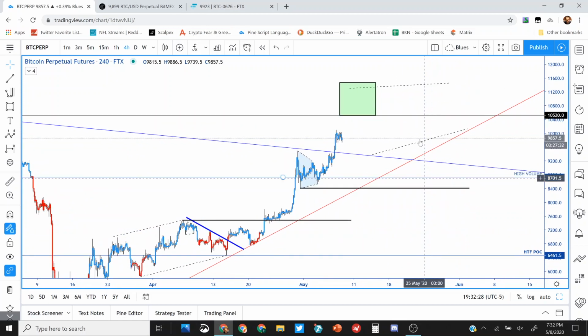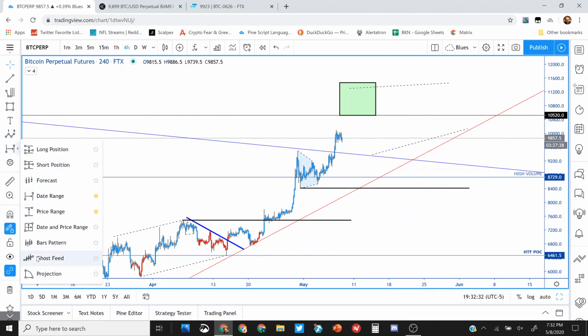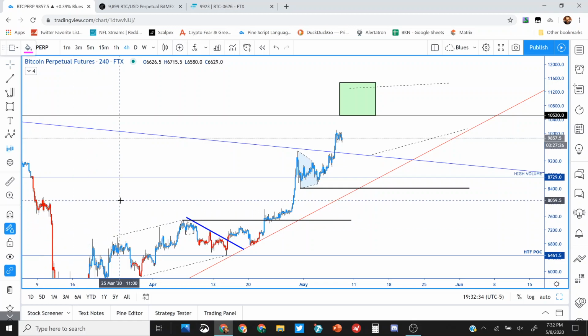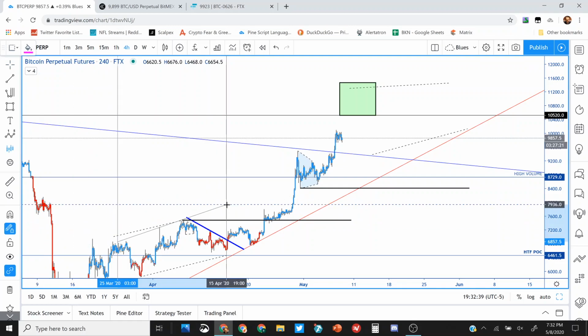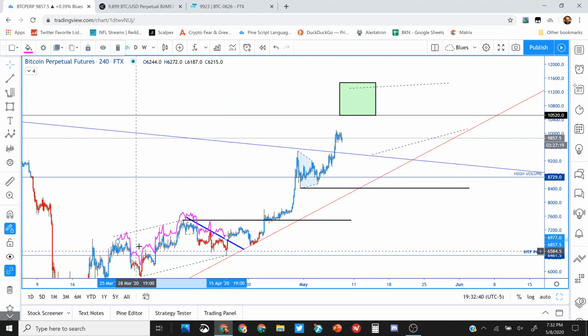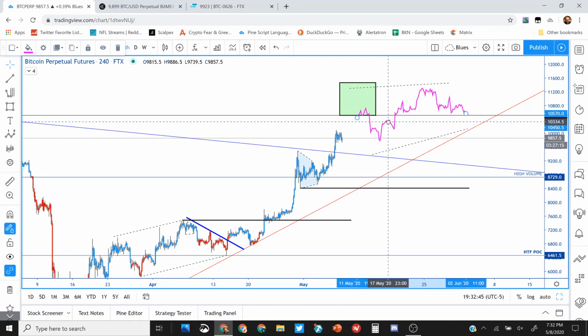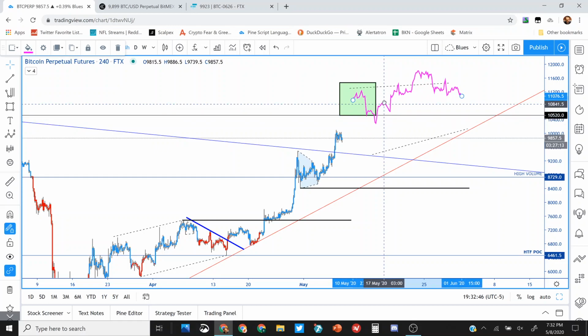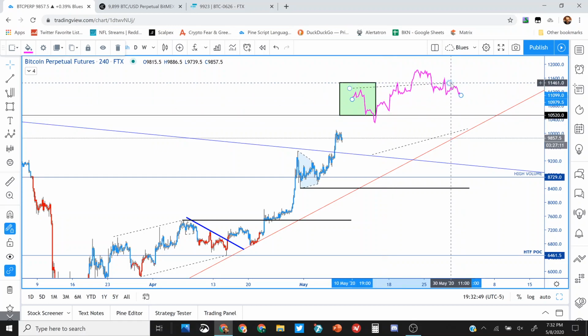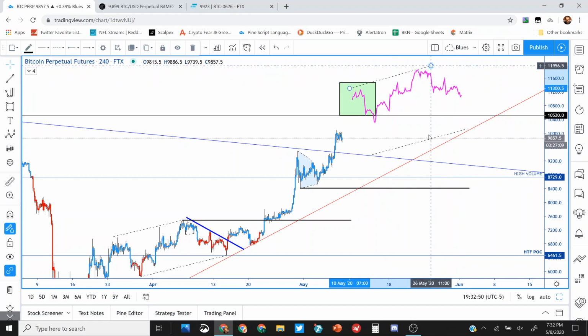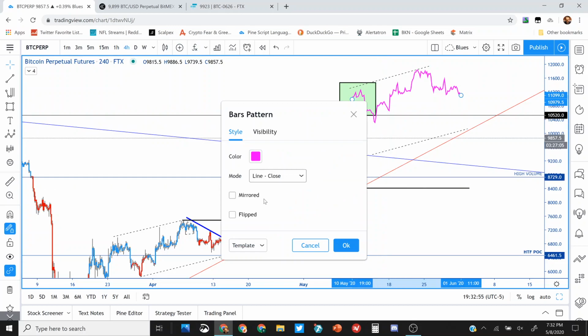I had previously projected like this. I just took a bars pattern and said this. That was just a drawing actually, but something like that. Now I expect it to be deeper.